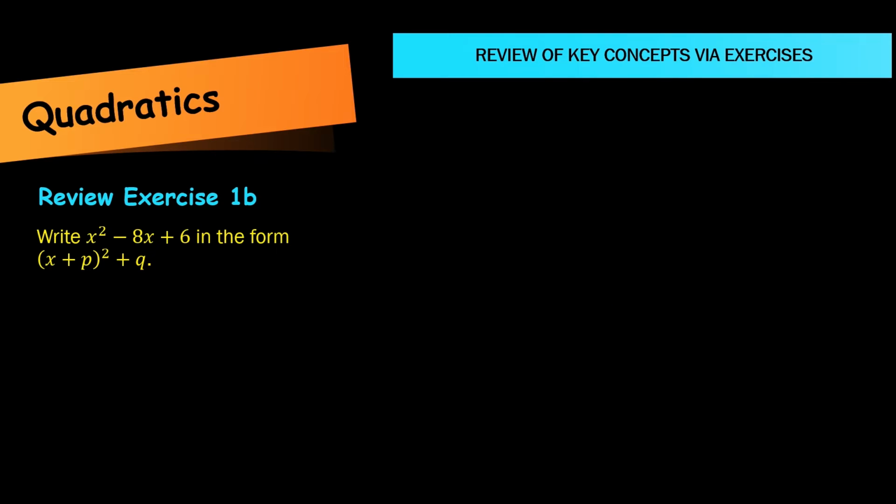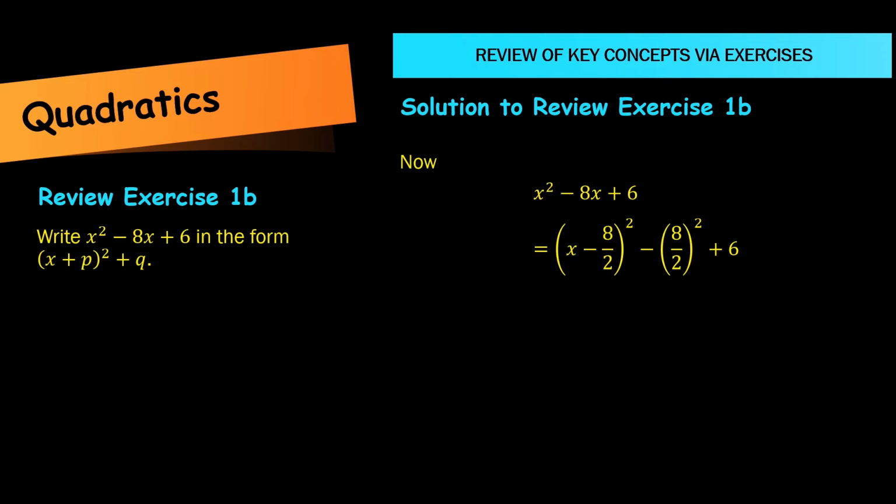We will now proceed to solve review exercise 1b. Write x² − 8x + 6 in the form (x + p)² + q. Now x² − 8x + 6 is equal to (x − 8/2)² − (8/2)² + 6.